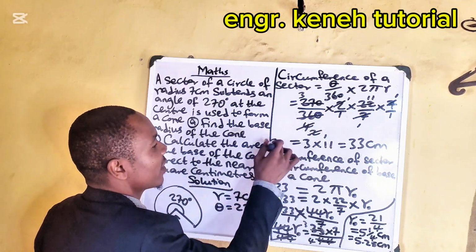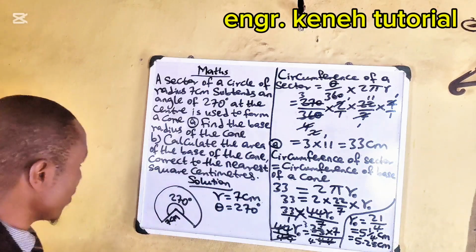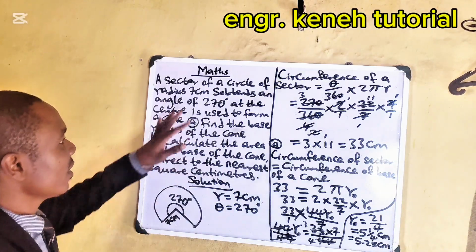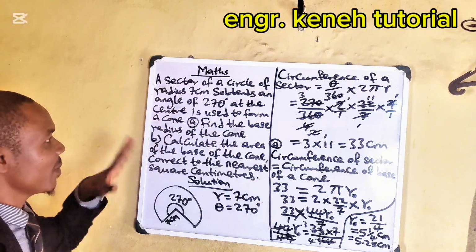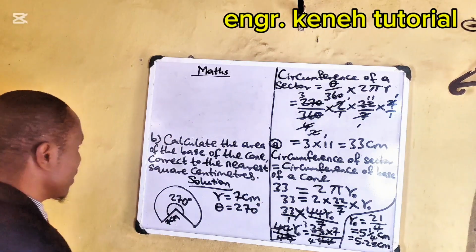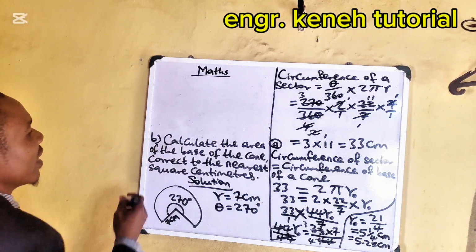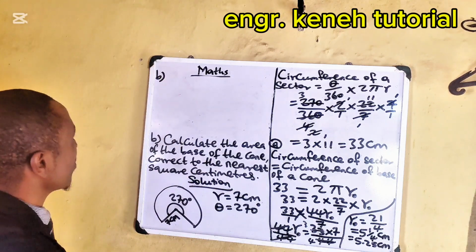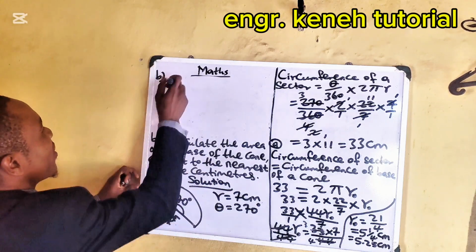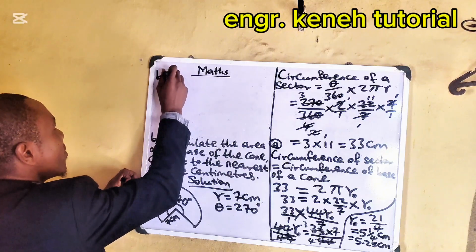That is question number A. So I don't have much space for me to answer question number B. So I think I need to clean this side so that I'll have space for me to solve the B part of it. All right, the B says calculate the area. Of course, you know that base of a cone is what? Is circular. So we say base area.